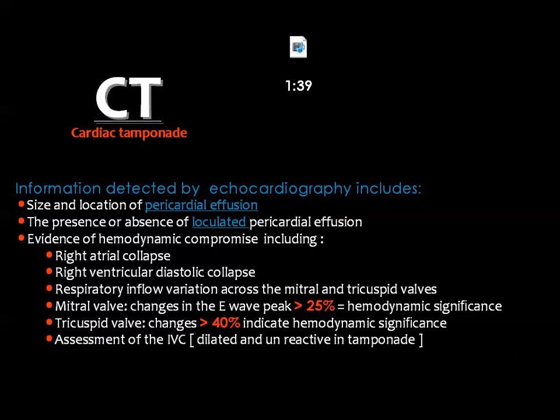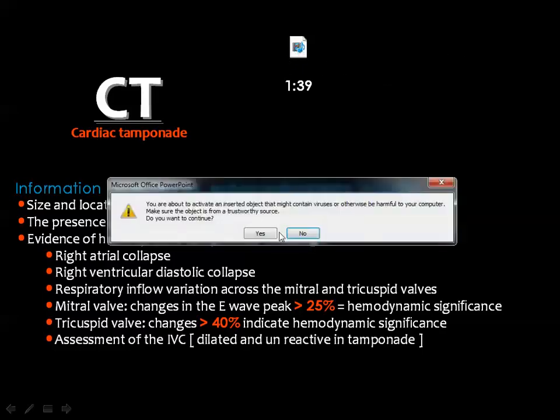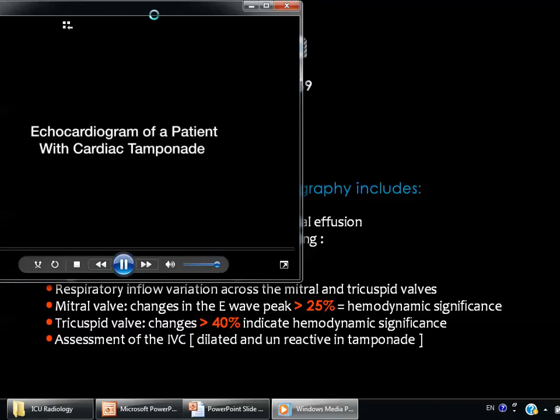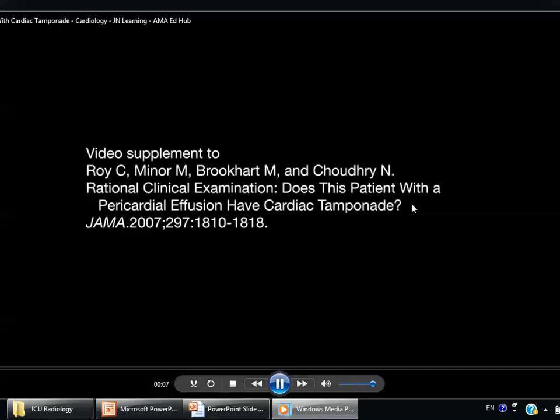Then there are very important signs that can be seen on echocardiogram for the diagnosis of cardiac tamponade, and that's why I always mention that the ultrasound is one of the major diagnostic tools that can be used in the ICU unit.